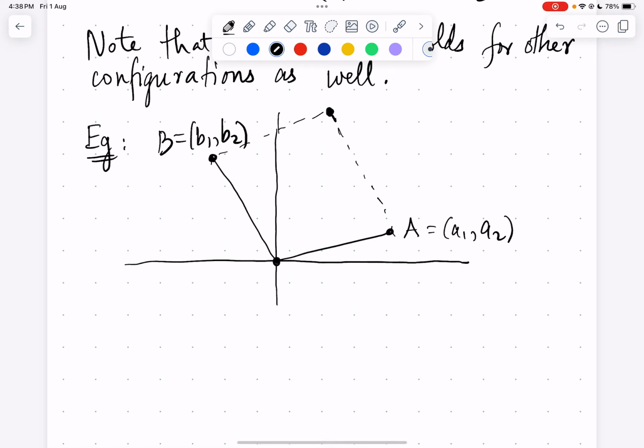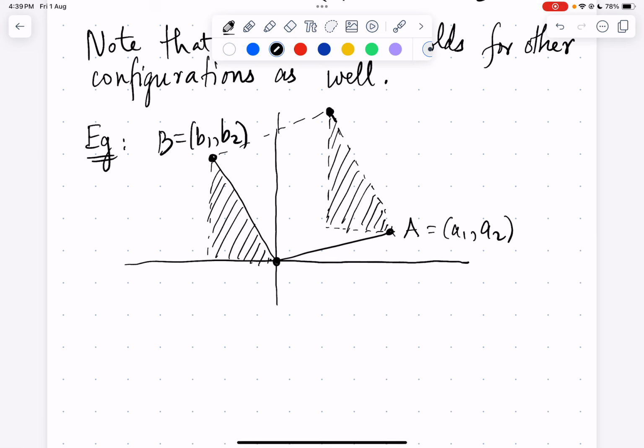As usual, consider this basic triangle involving the point B. Because it's a parallelogram, you basically get a copy of this triangle around the fourth point.